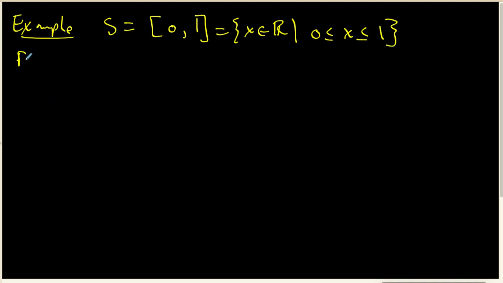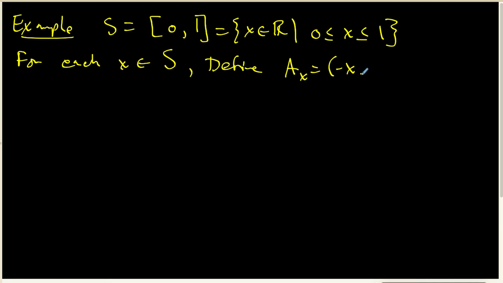And for each X inside that interval, I'm going to define the set A sub X to be the open interval between minus X and, let's say, 2 minus X.